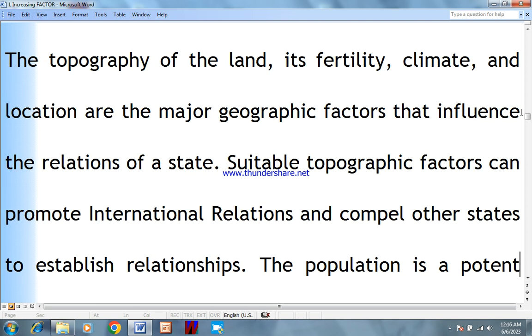The topography of the land, its fertility, climate, and location are the major geographic factors that influence the relations of a state. Suitable topographic factors can promote interstate relations and compel other states to establish relationships.